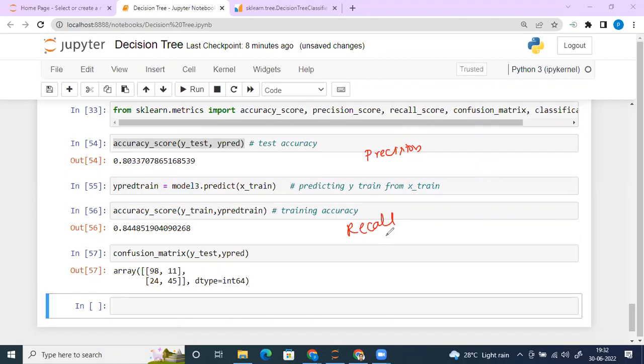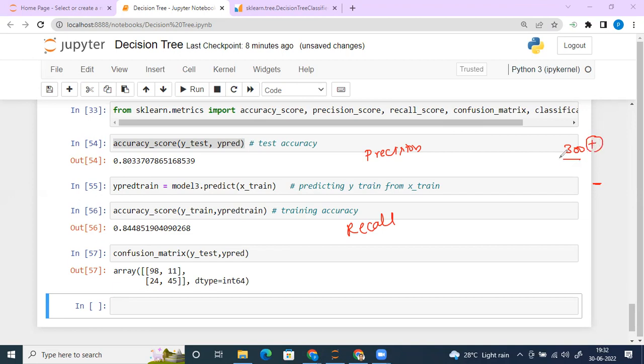Suppose I have two classes, a positive class and a negative class. In the positive class, I have 300 data points, let's say. Out of these 300 data points, your machine learning model correctly predicted that 200 belong to this positive class.